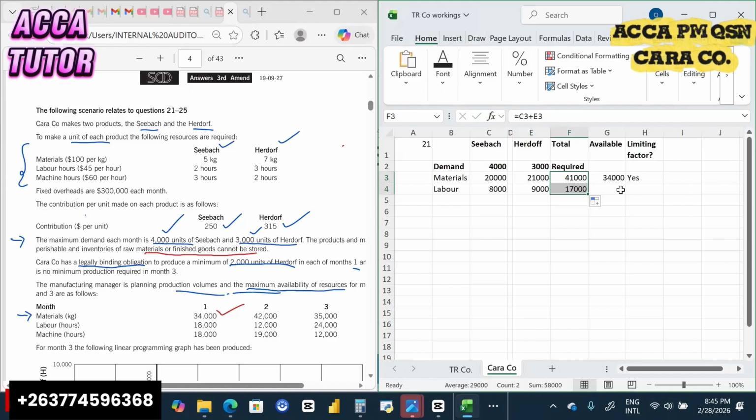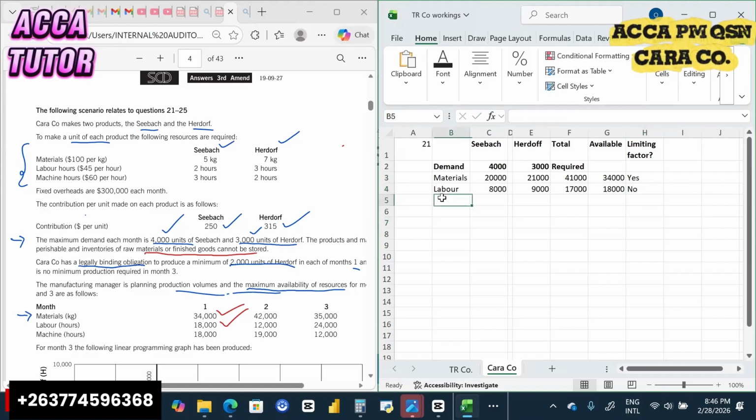And how many hours are available? According to the question, we have got 18,000 hours. So is this a limiting factor? We require 70,000, but we have got 18,000. So this one is not a limiting factor.